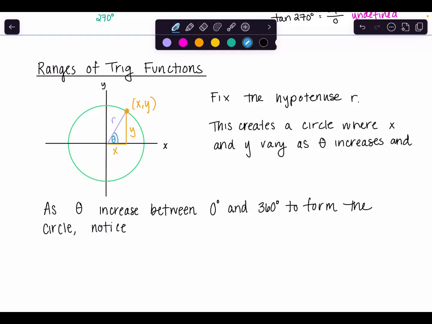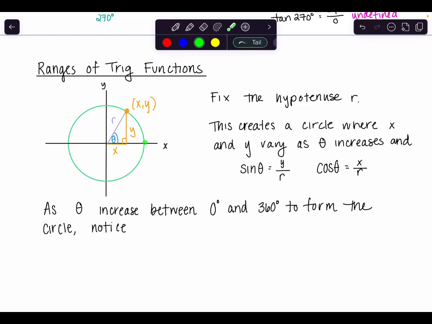And then our theta is formed, okay? So as I fix the hypotenuse r and I trace this around, letting x and y vary, theta is going to increase and we get that circle, and still the same ratios hold. Sine of theta is found by taking y over r, and cosine of theta is found by taking x over r.